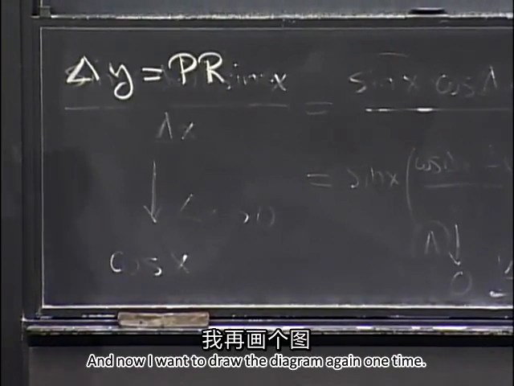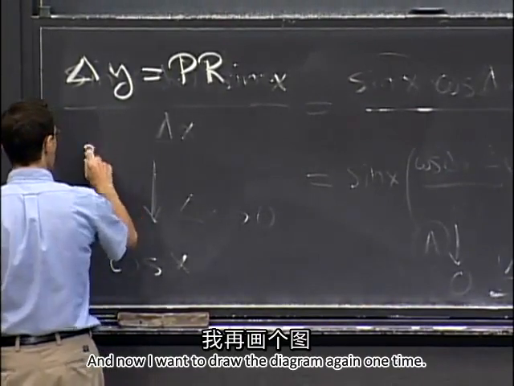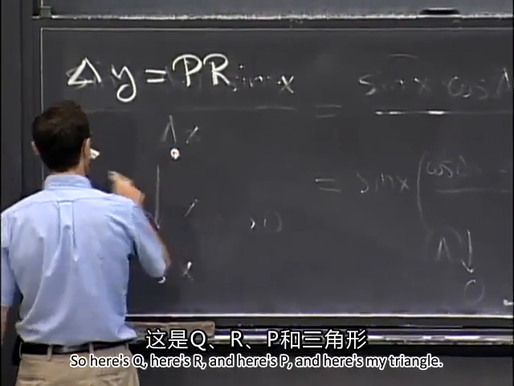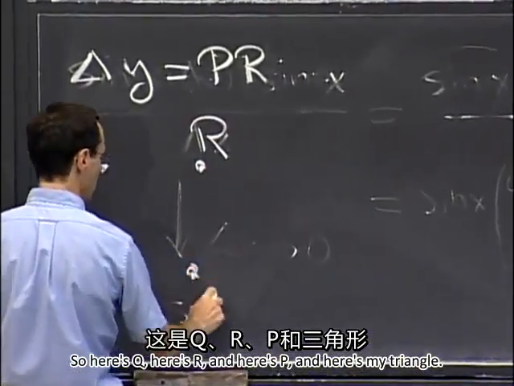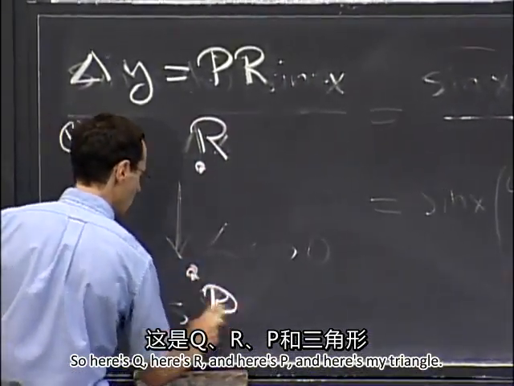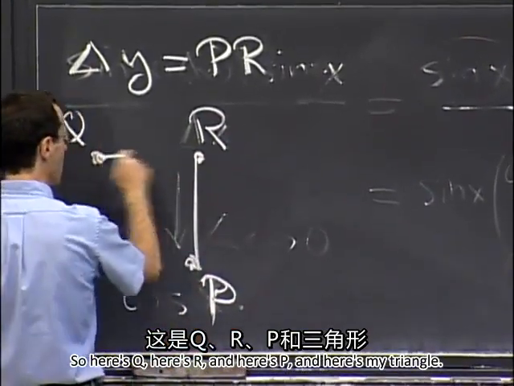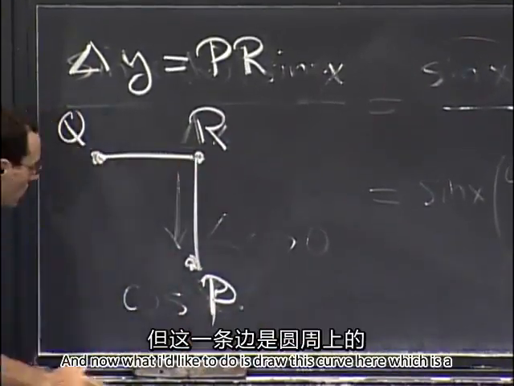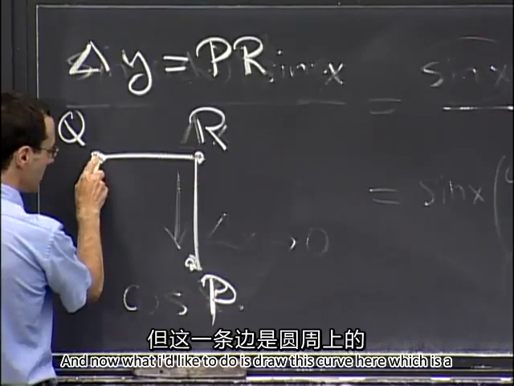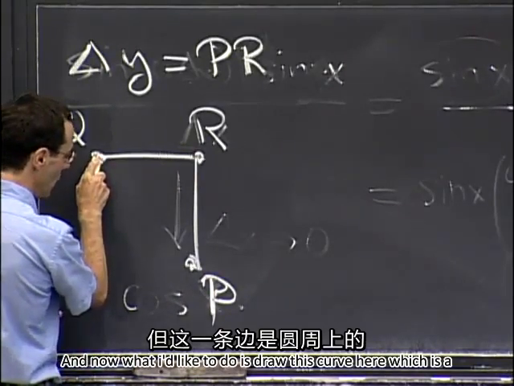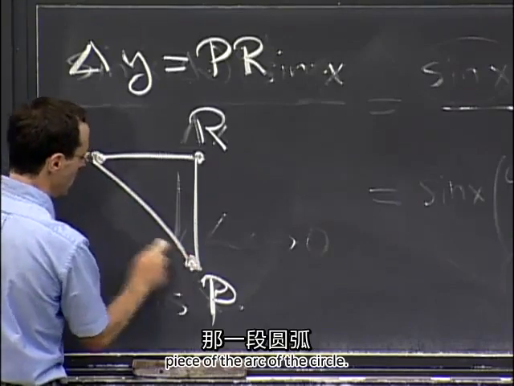And now I want to draw the diagram again one time. So here's Q, here's R, and here's P. And here's my triangle. And now what I'd like to do is draw this curve here, which is the piece of the arc of the circle.